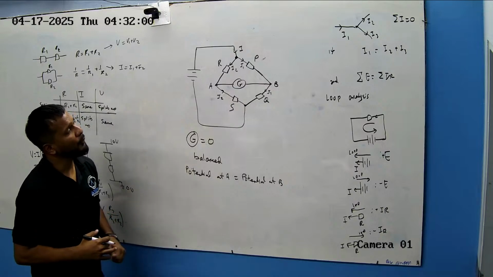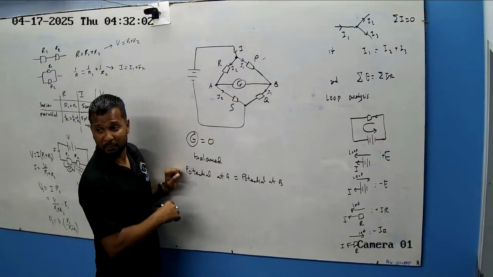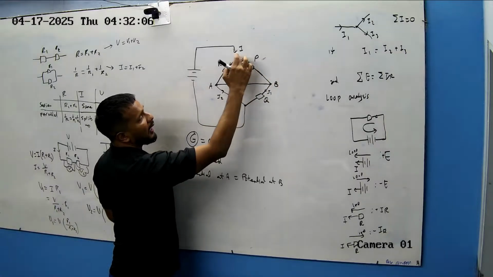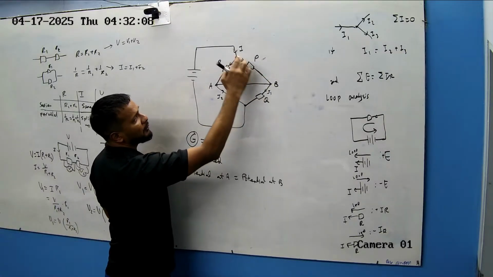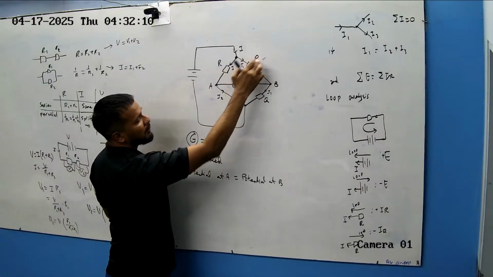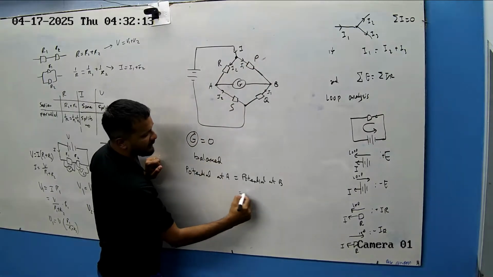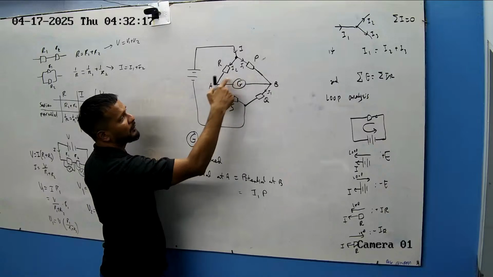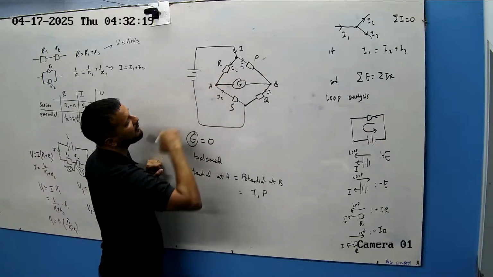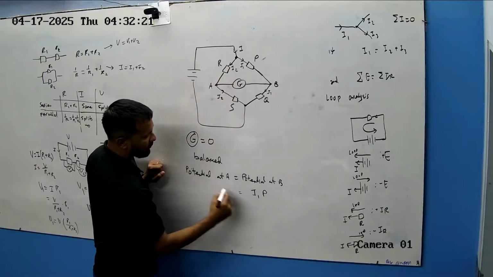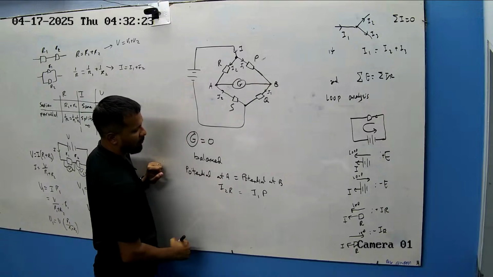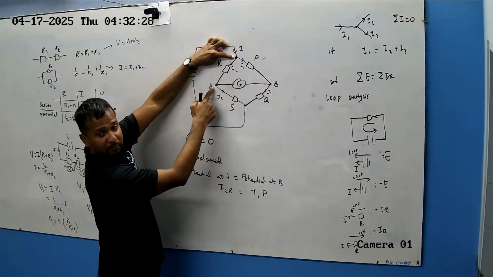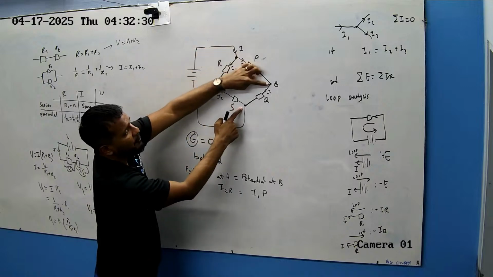So how do we find the potential at B? The potential at B should be I1 times P, and the potential at A is I2 times R. I can do the same thing here as well.